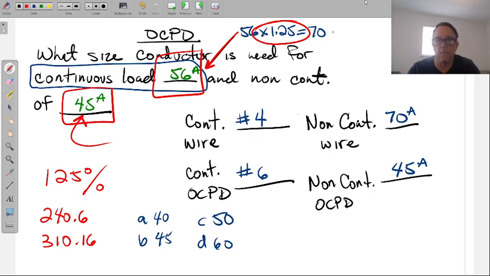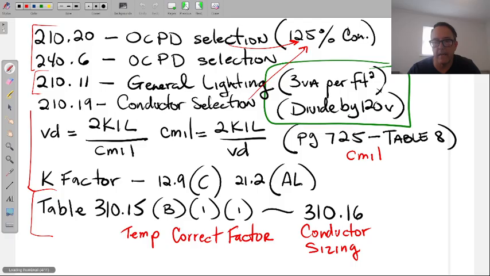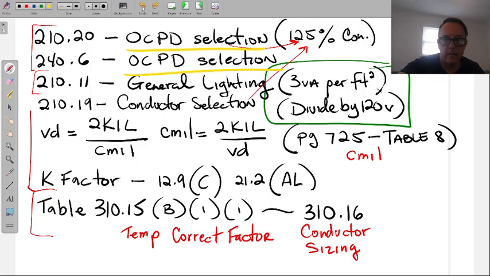And again, I'll go back to where we got this from. This is why we have them here. Just to understand, that's what OCPD selection means between these two articles, and what conductor selection means out of Article 210.19.